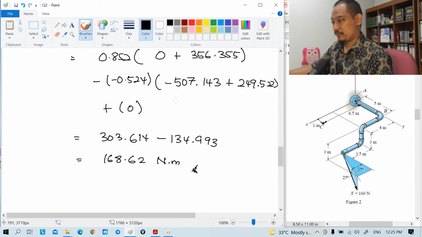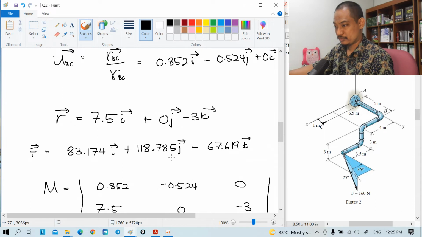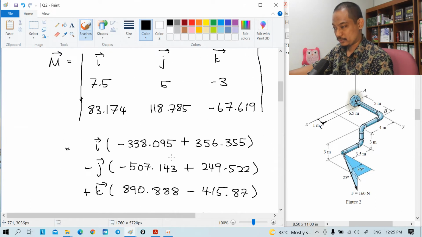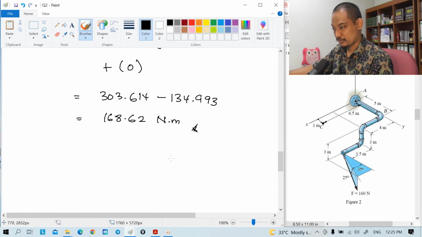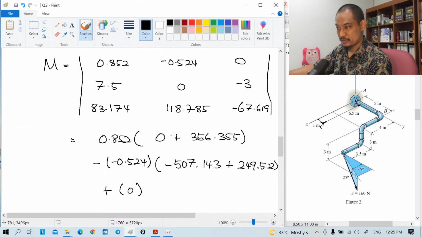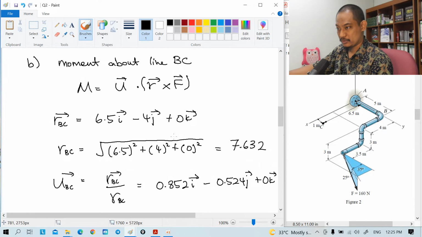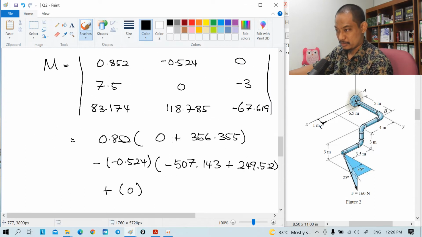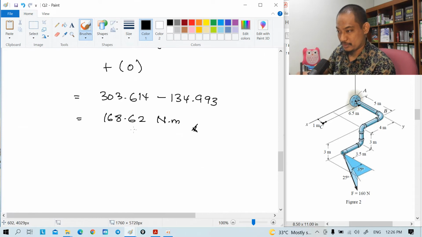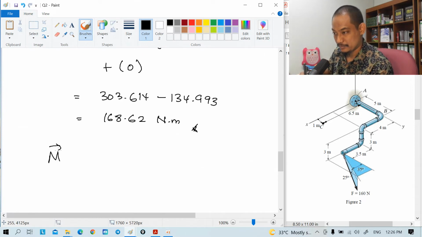Now it mentioned that the answer is in Cartesian vector form. So this is in Cartesian vector form, okay, this is not Cartesian vector form yet. Sorry, so we have to get it in Cartesian vector form, right?